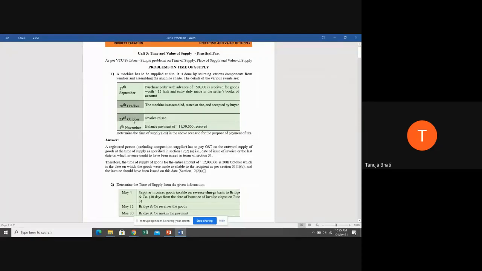Among these two, the earlier date is 20th October, when the invoice had to be issued. Then the receipt of payment is on 4th November. Among 20th October and 4th November, the date which falls earlier is 20th October. Therefore 20th October is the date that determines the time of supply. So 20th October is the time of supply in respect of this particular transaction.